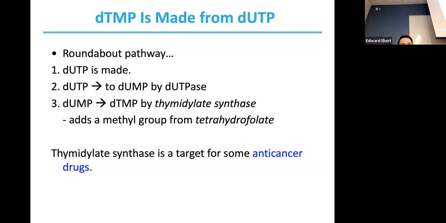Why is that? What do we know about cancer cells? Yeah, they grow real fast. So we have this rapid division and so on. So if we target thymidylate synthase, then they can't incorporate thymidylate. And this is why cancer patients often have upset stomachs and the hair falls out.